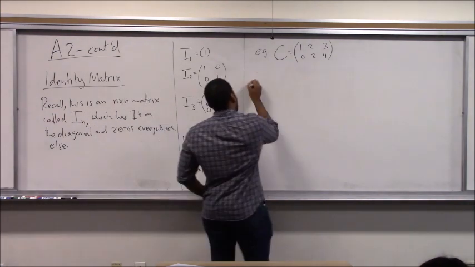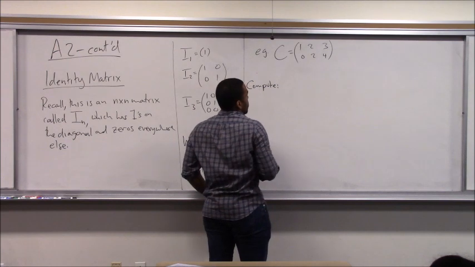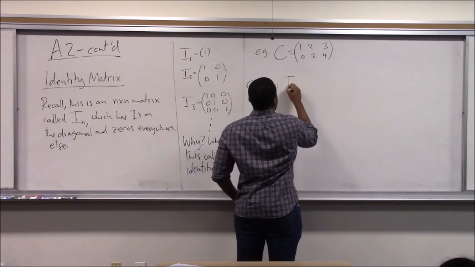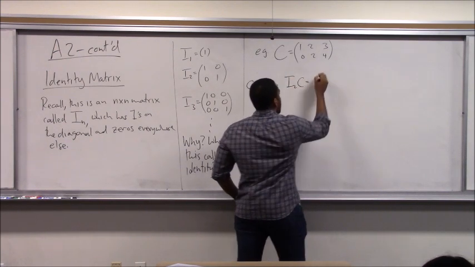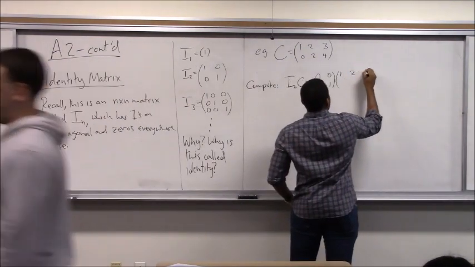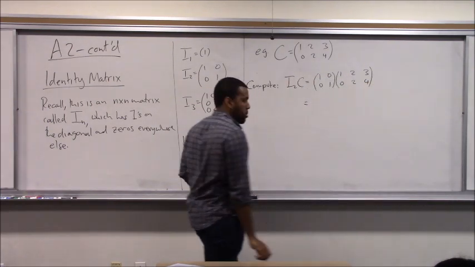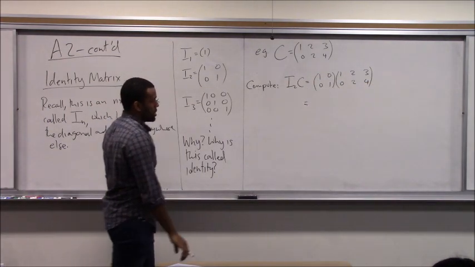Now, what would happen if I computed I_2 times C? See if you remember matrix multiplication. How would this actually go?